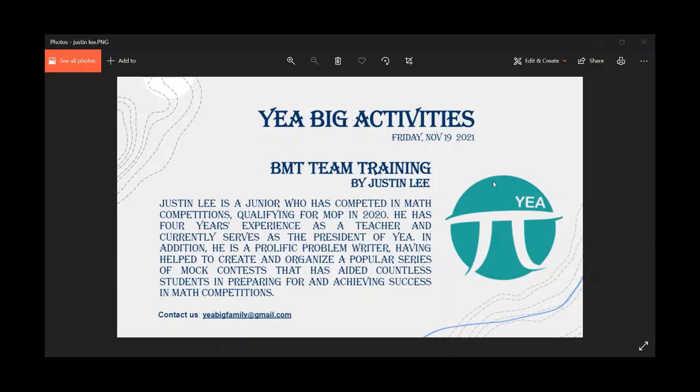So a power round essentially is, let's say, a 5-page or so test. It's a group test. It's a team test. First of all, the topic of the test is a topic that's introduced in the test.